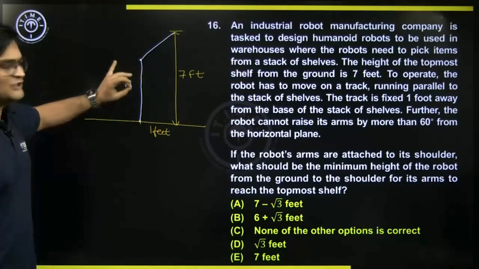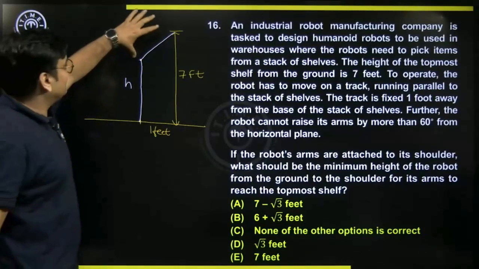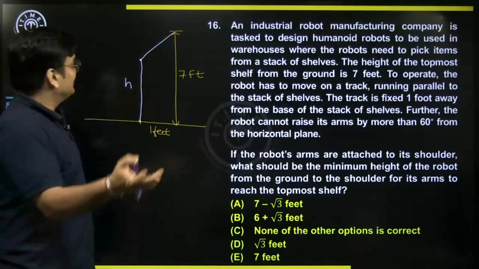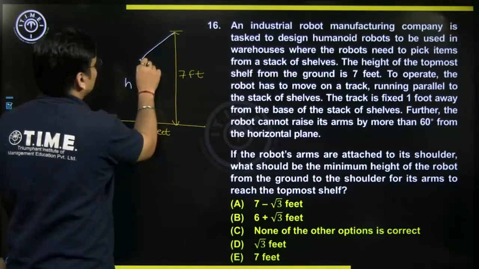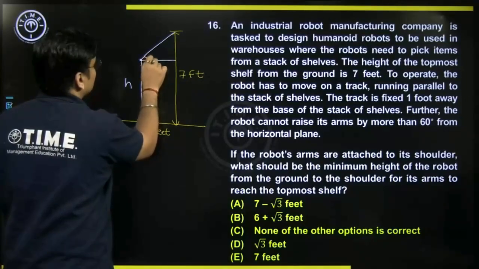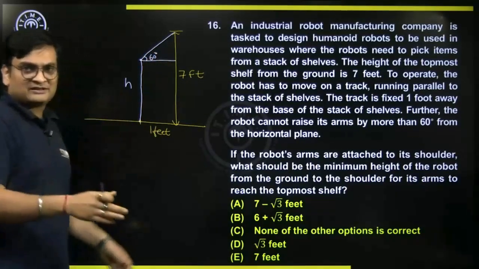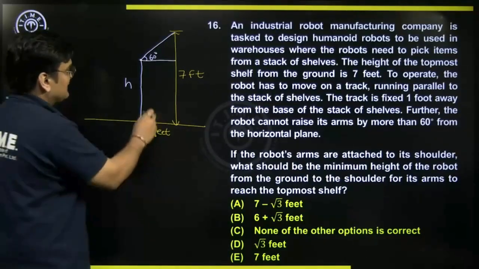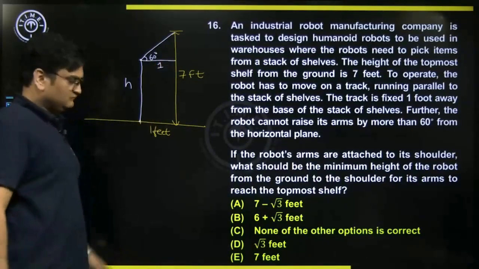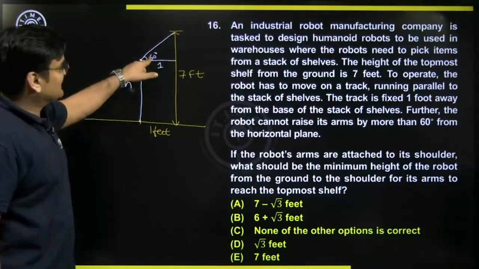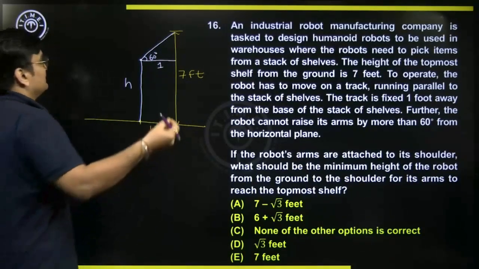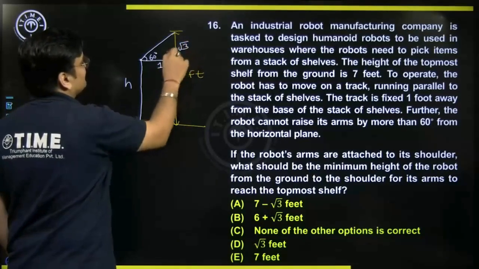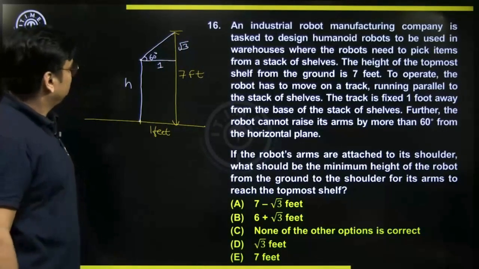Now if you want the height of the robot to be minimum possible, can I say the stretch of the arms should be maximum possible, and that is given to be not more than 60 degrees. So that means here this should be 60 degrees maximum possible. Now we know this is 1. Now if this is 60 degrees, by using basic trigonometry, can we say this is going to be root 3, because tan 60 value is root 3?